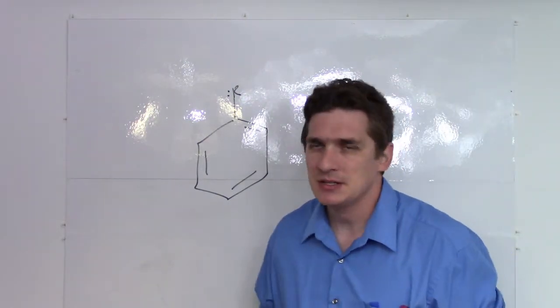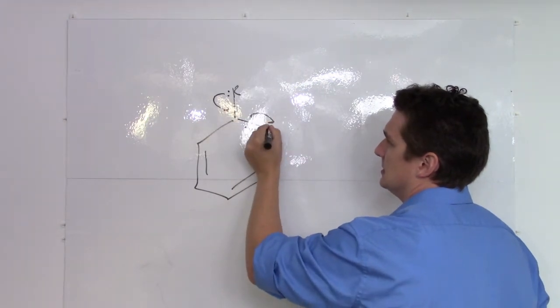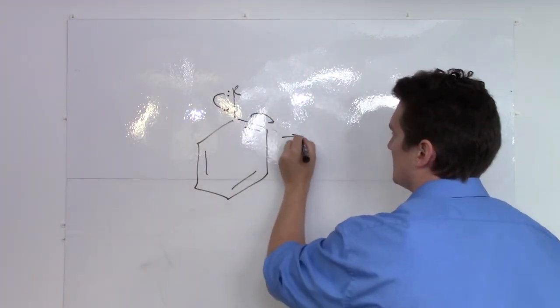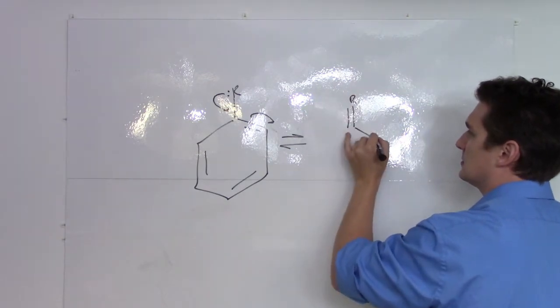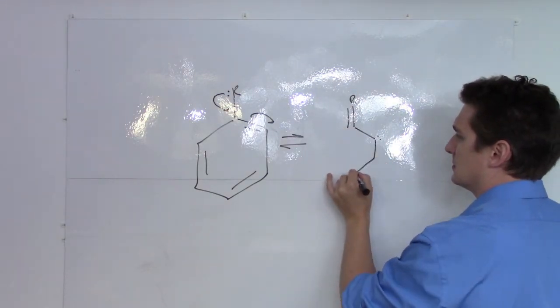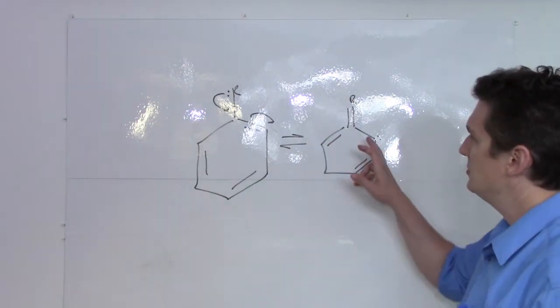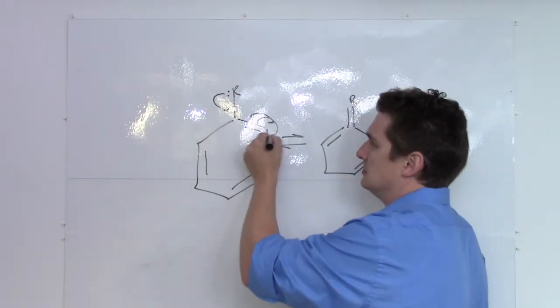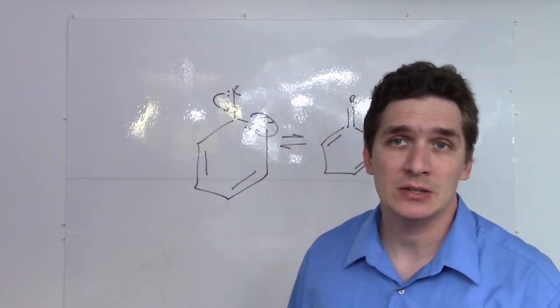So if I take this lone pair and kick it down, I would move the lone pairs there. So this ortho position now becomes accessible for having lone pairs. It can act like a Lewis base.